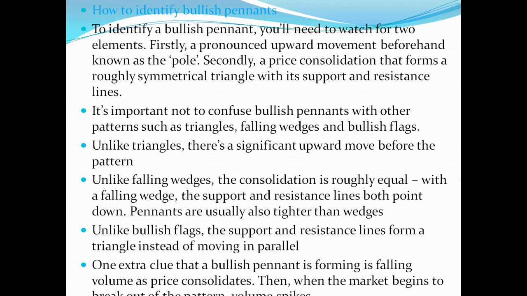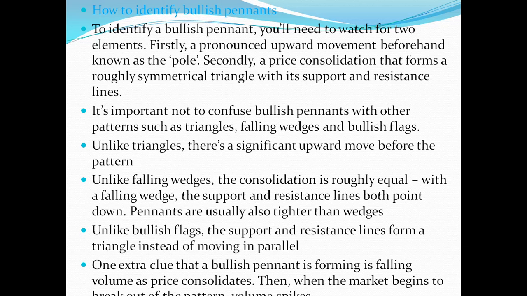Unlike the triangle, there is a significant upward move before the pattern that you have to see. Unlike the falling wedge, the consolidation is roughly equal; with a falling wedge, the support and resistance lines both point down.